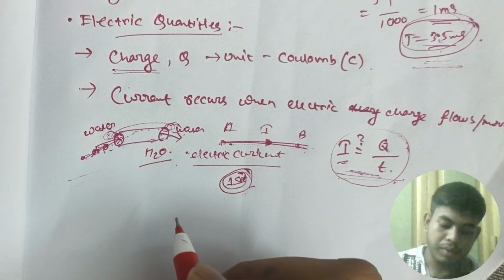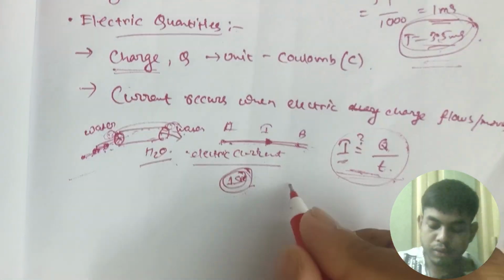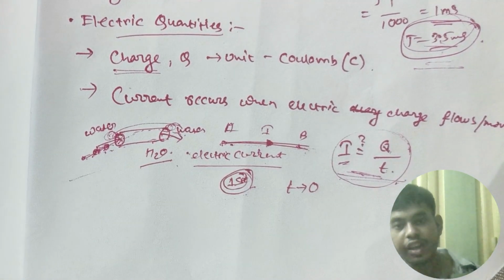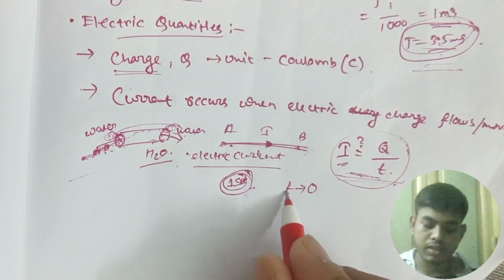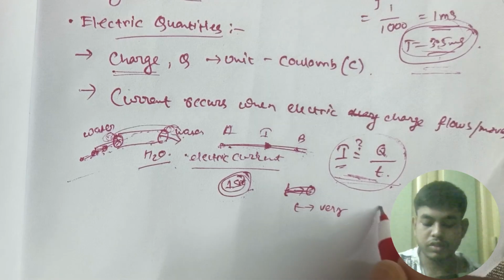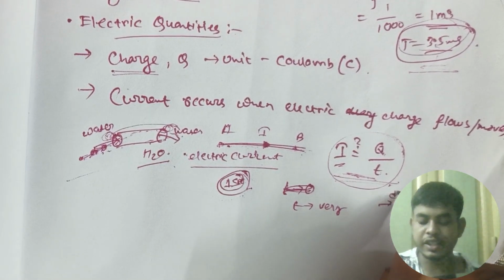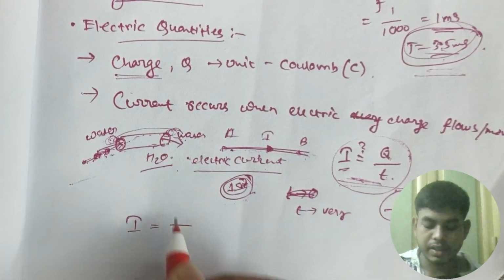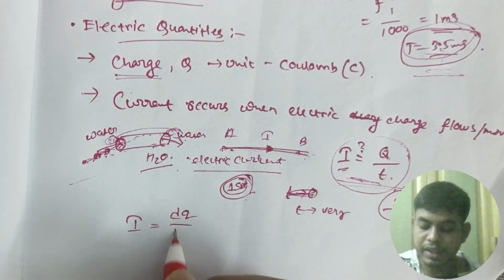So how do we make T very small? We make T very small, so we write dt. That's why I is dq by dt.